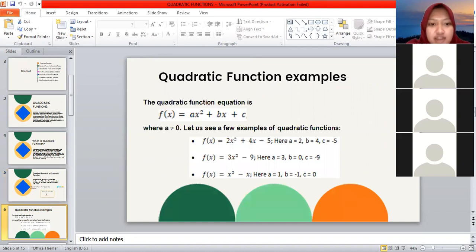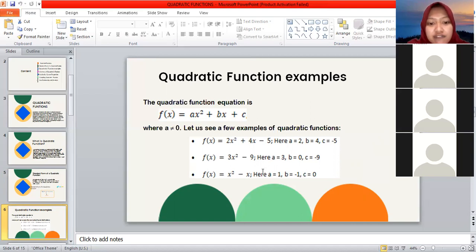Quadratic function examples. The quadratic function equation is f(x) equals ax squared plus bx plus c. Let us see a few examples of quadratic functions. The first, f(x) equals 2x squared plus 4x minus 5. Here, a equals 2, b equals 4, and c equals minus 5.